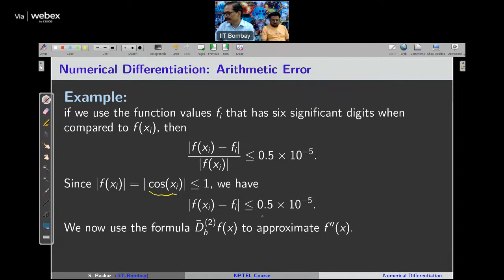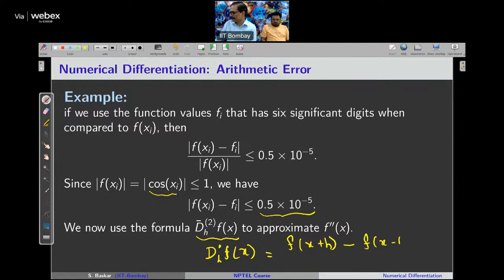Therefore, you will have the rounding error upper bound the same as what we did in the class for the assignment problem also. But instead of using D2, we are using D_h^0 of f of x. How is that given? That is given by f of x plus h minus f of x minus h divided by 2h.